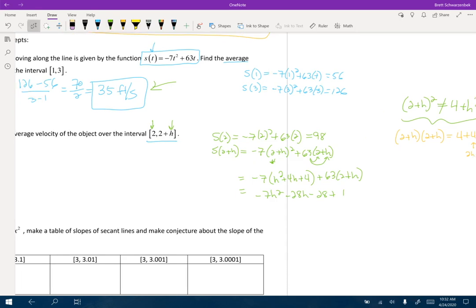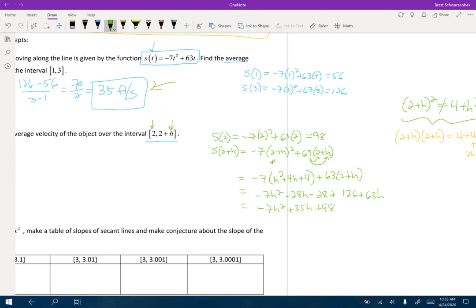So yes, 126. Sorry about that. I was distracted by my dog. It jumped on my lap. 126 plus 63h. So we're going to get negative 7h squared plus 35h plus 98.